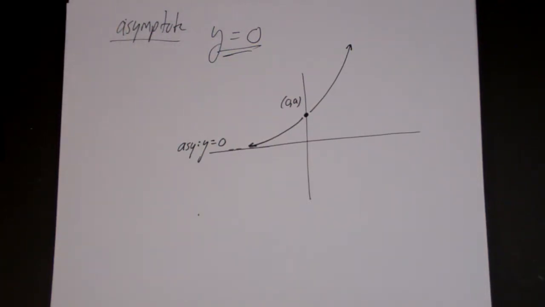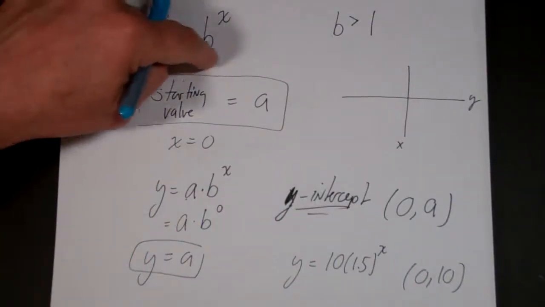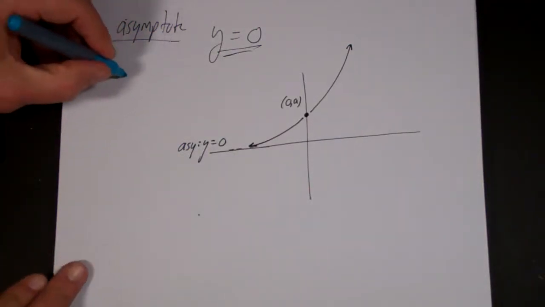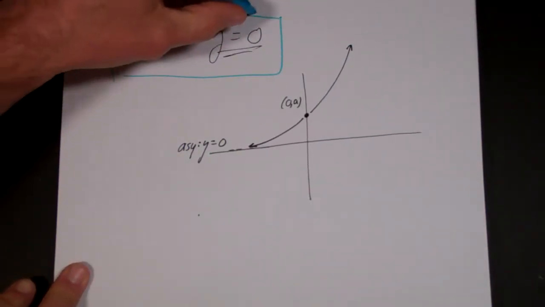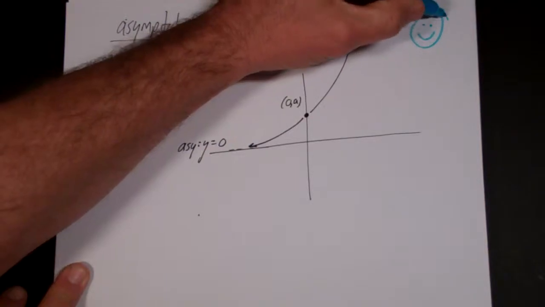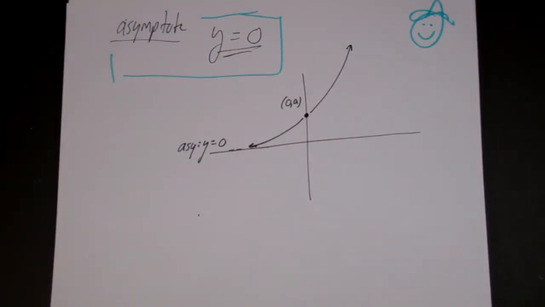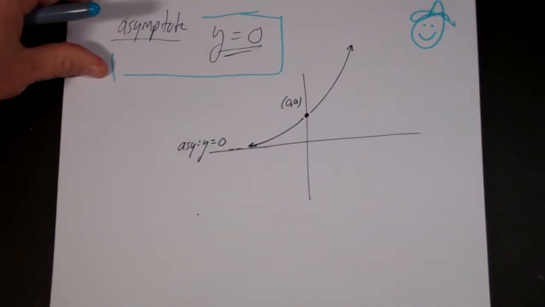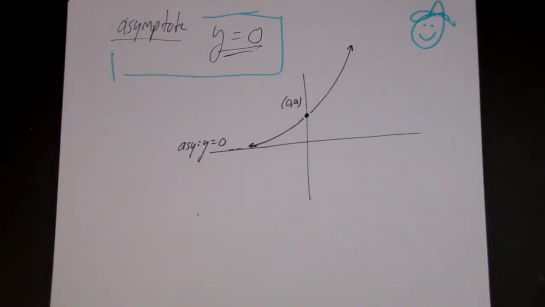And the key here is that you can just memorize this. Whenever you have a simple exponential growth function that looks like this, you will always have an asymptote y equals 0, every time. Let's memorize that. And the third step is you're going to find out the rest of it with the table of values.